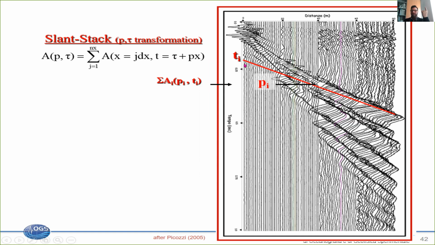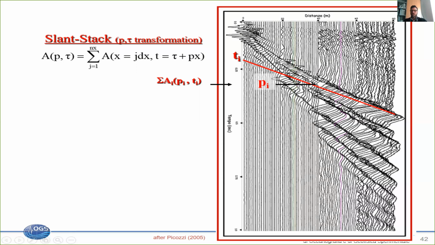Then I go to the next sample just below here, and I repeat the summation. So it's like summing all the seismograms, but for different samples. The number of samples depends on the slope related to this velocity. For each one of these slopes, I will have a new seismogram, which is the summation of all the seismograms along this line.